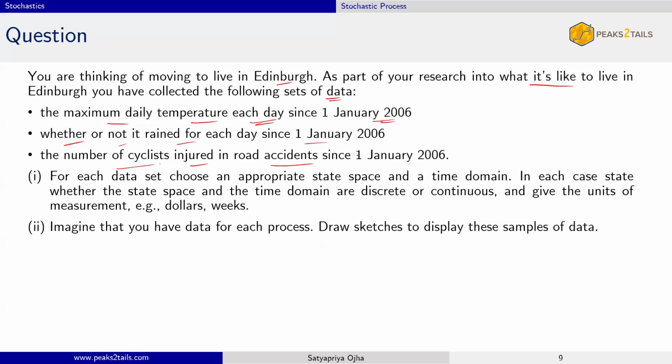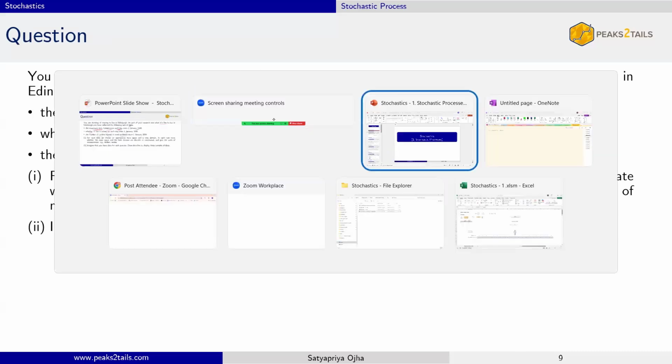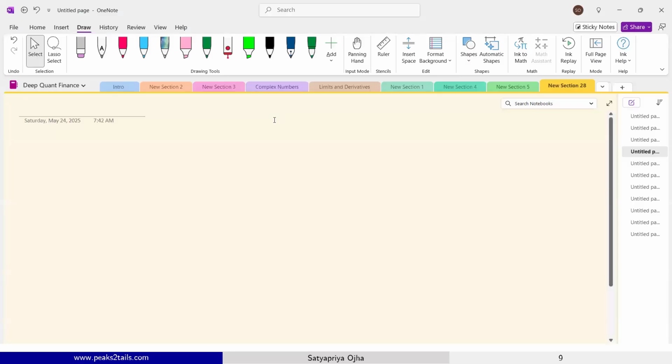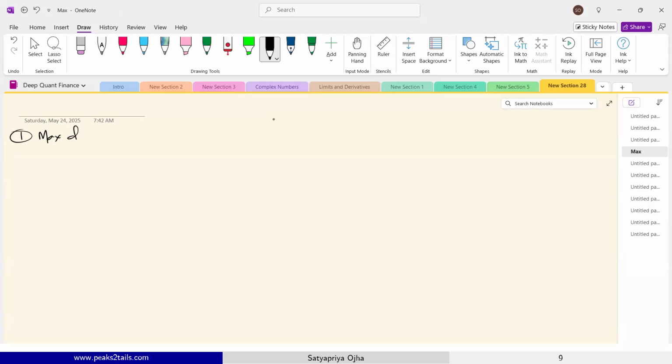So let's do the first one. Maximum daily temperature each day.